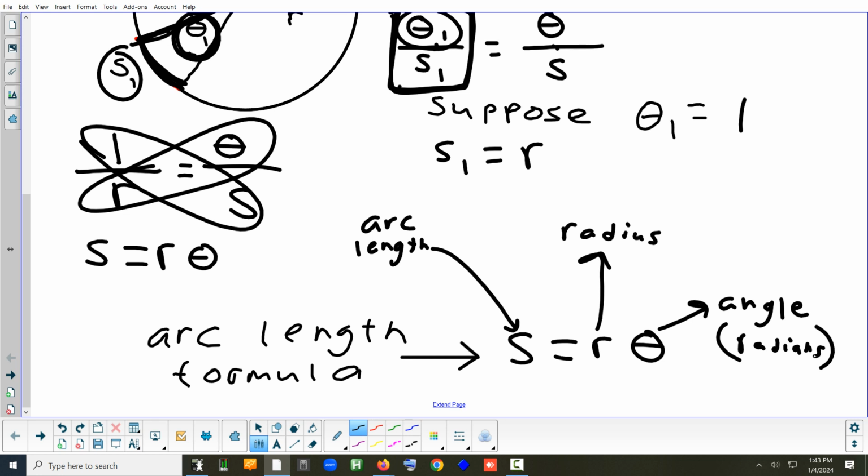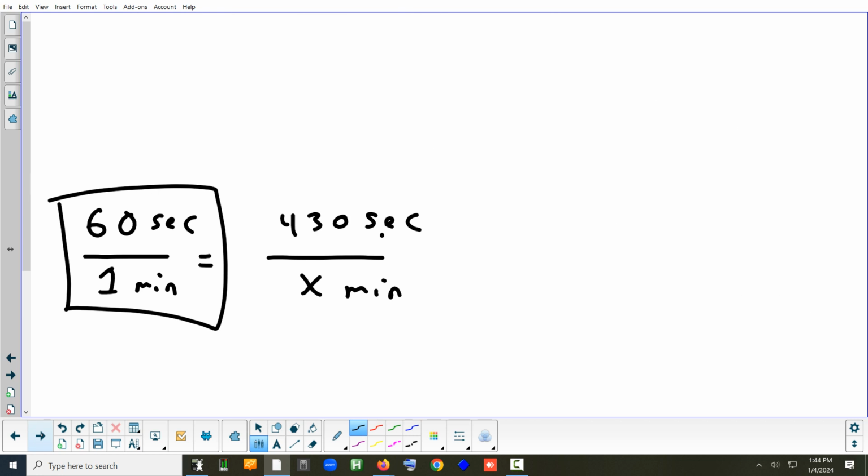The way the formula works, they'll always give you 2 out of 3 things, and then you'll solve for the 3rd variable. So you might know the S and the R, or the S and the theta. Any question on the arc length formula? All right, let's try.